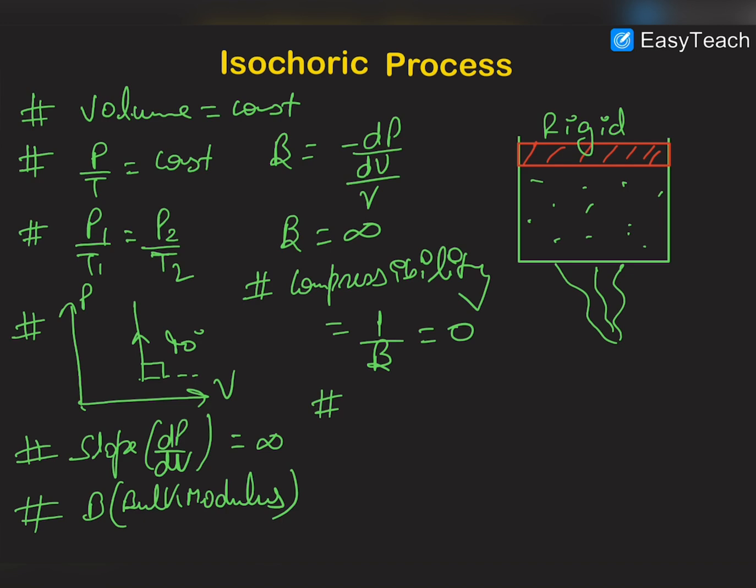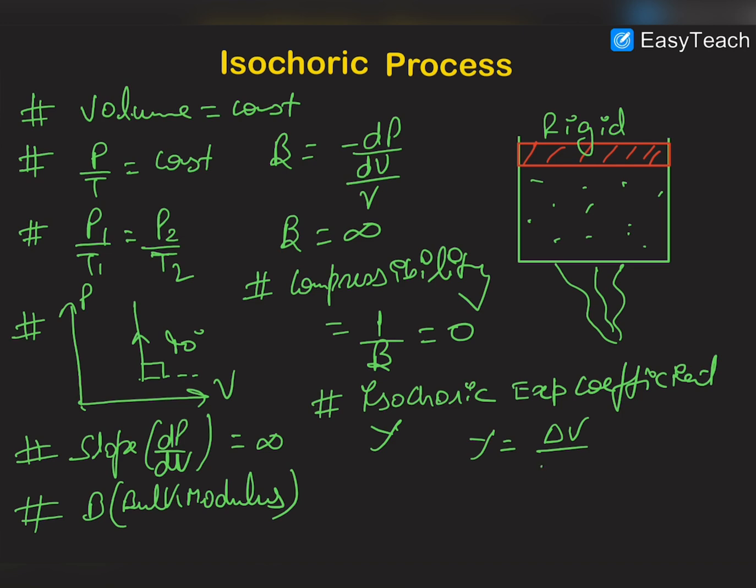Now if we find out the volumetric expansion coefficient, I am talking about gamma, we know that gamma is equal to delta V upon V delta T, and obviously if volume is constant, then delta V is 0.